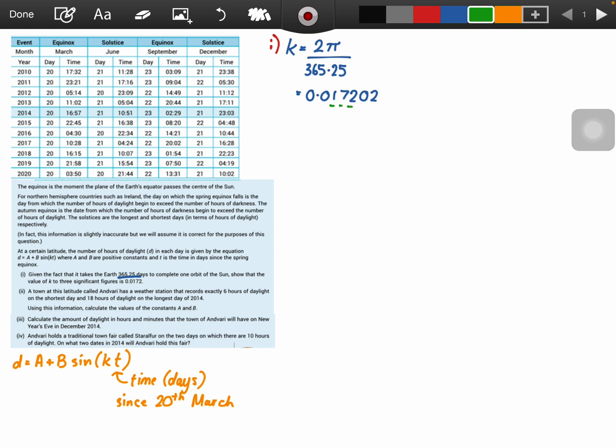That's where I bring it up until. So 0.0172 is what K is. And they say show that the value of K to 3 significant figures is 0.0172. Brilliant, that's what I've gotten.